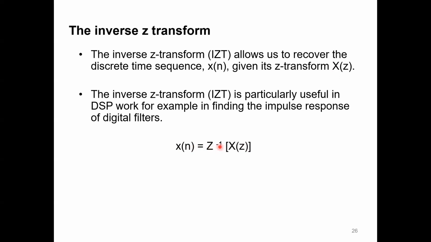So Z to the -1 means inverse Z transform, and within the brackets, you have the transform X(z). So any Z transform that you already have, when you put it into this operation, the result is the time representation of that.